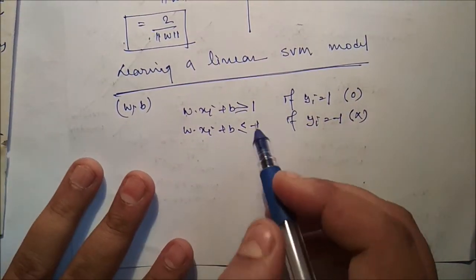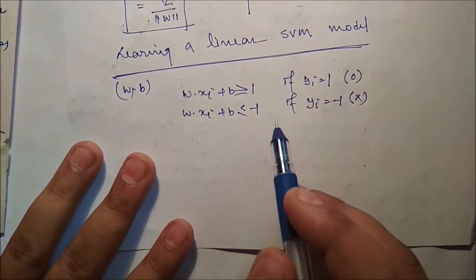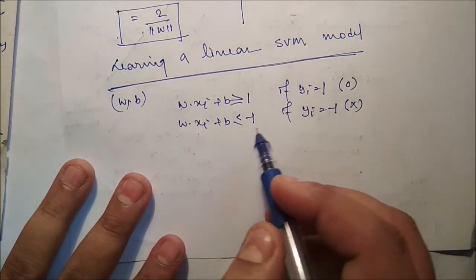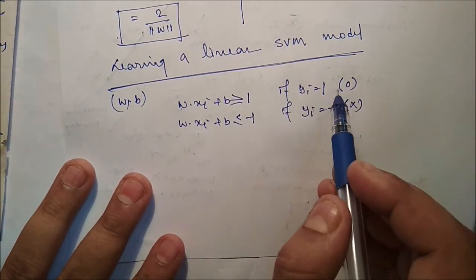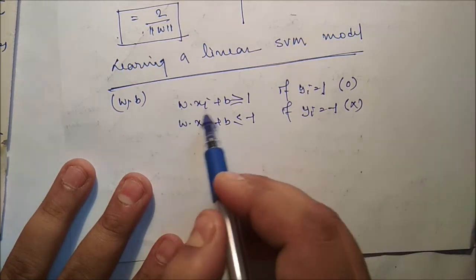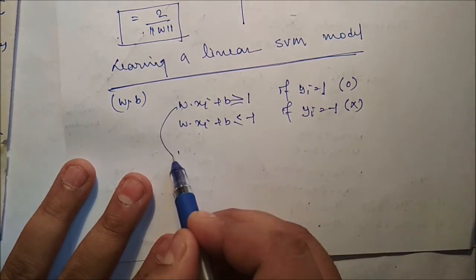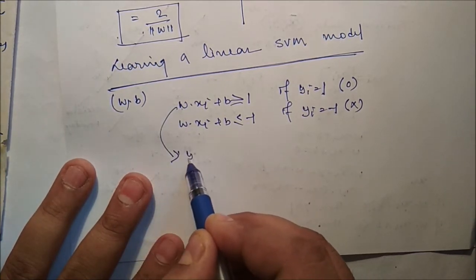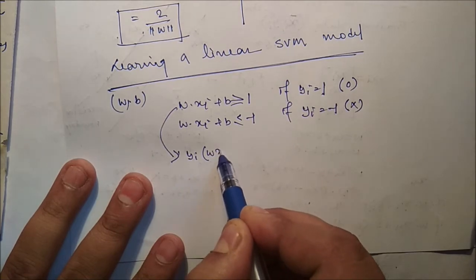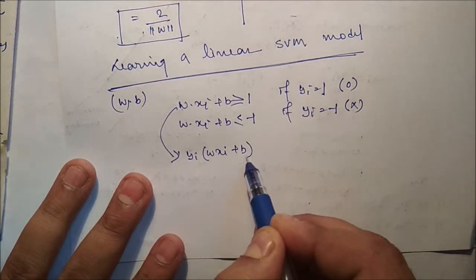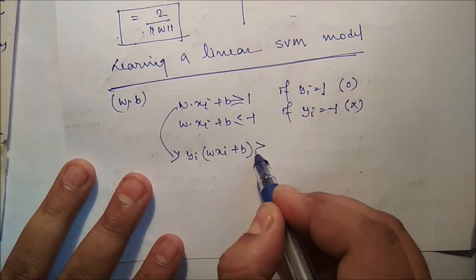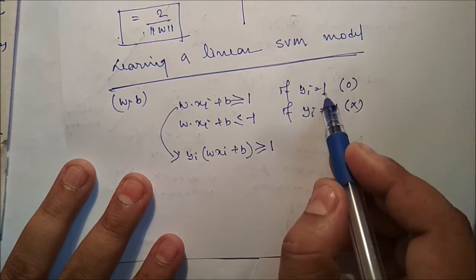Now we can represent these equations in a compact way. For yi equal to 1, if you multiply by yi, then yi(w dot xi plus b) should be greater than or equal to 1.